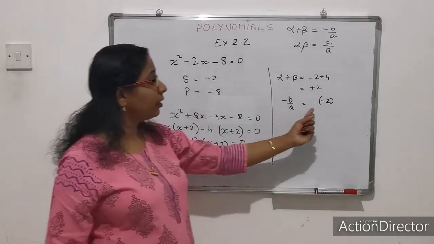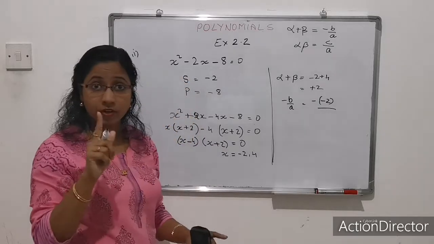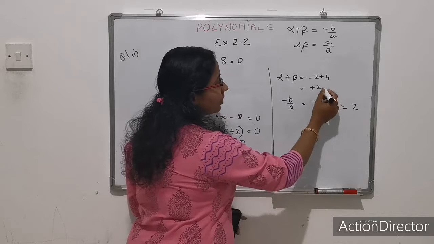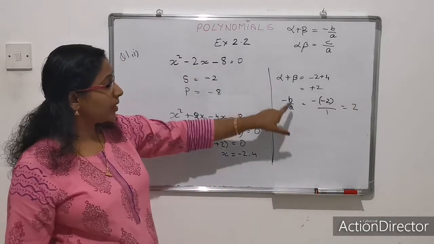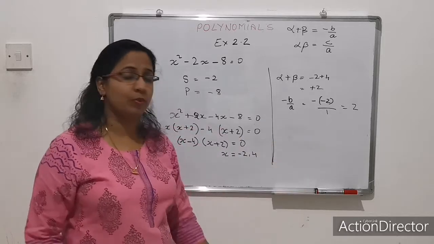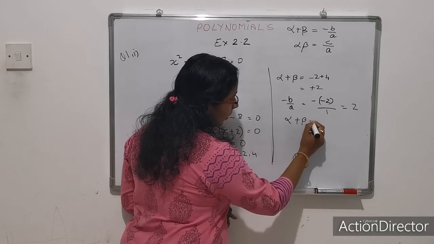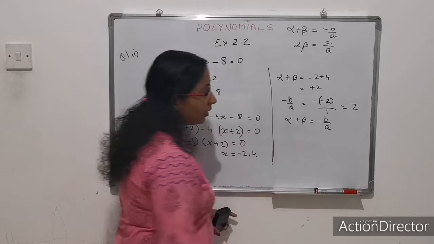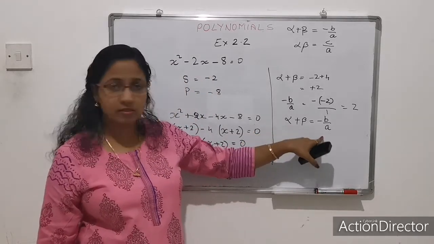So it becomes this, and a is 1. That is 2. So this and this are the same, right? So alpha plus beta is equal to minus b by a. Clear? So we have verified that the sum is correct.